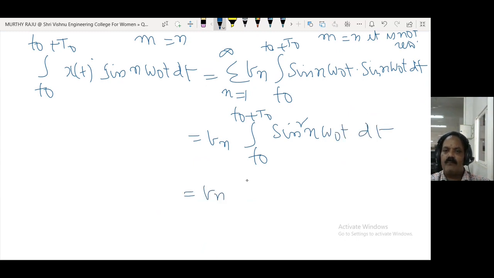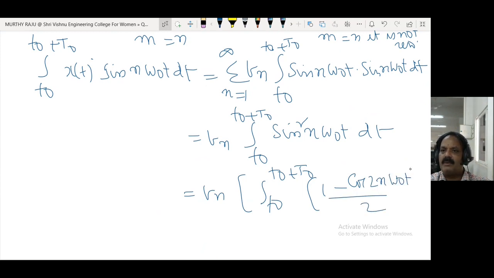That is equal to bn times the integral of (1 minus cos 2 n omega naught t) by 2, since sin square theta is 1 minus cos 2 theta by 2.